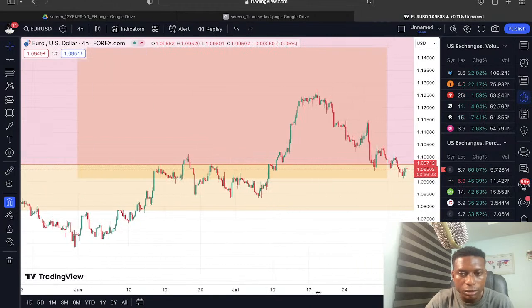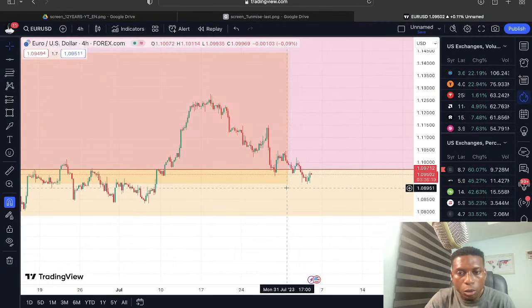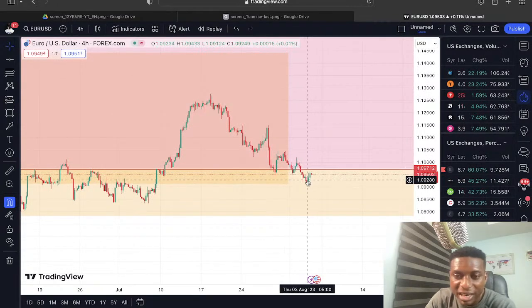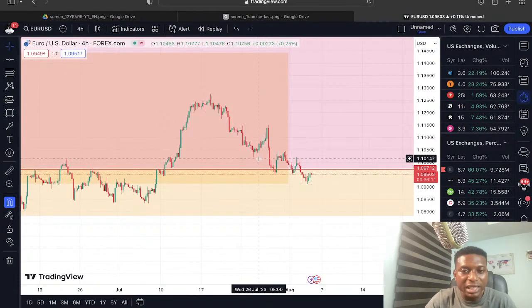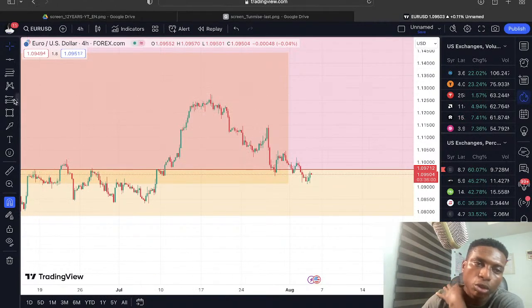From what we can see here, after the breakout, price came up to this level. Definitely if you look at price movement, price does not consistently move in a singular direction. Price moves in a wave like function. So let me show you something.